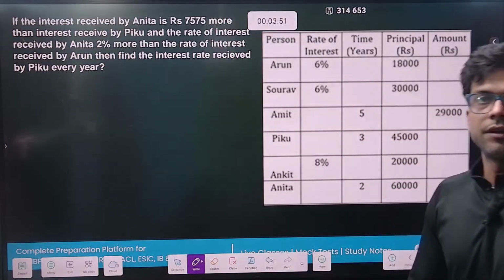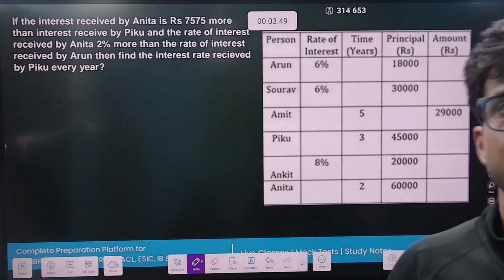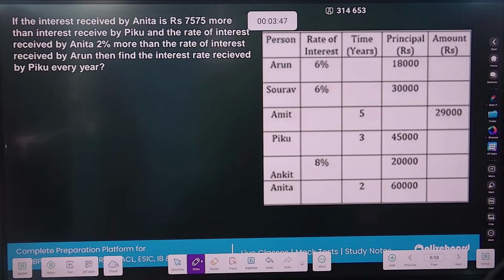Read the question properly and answer me, everybody. Come on. Do it properly, give what time you can give.